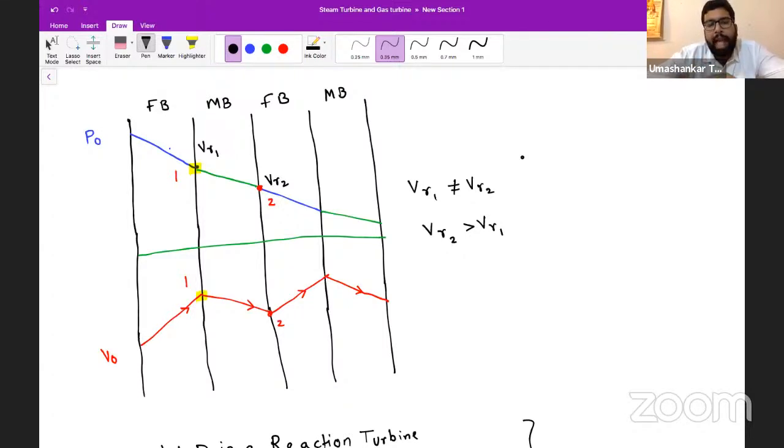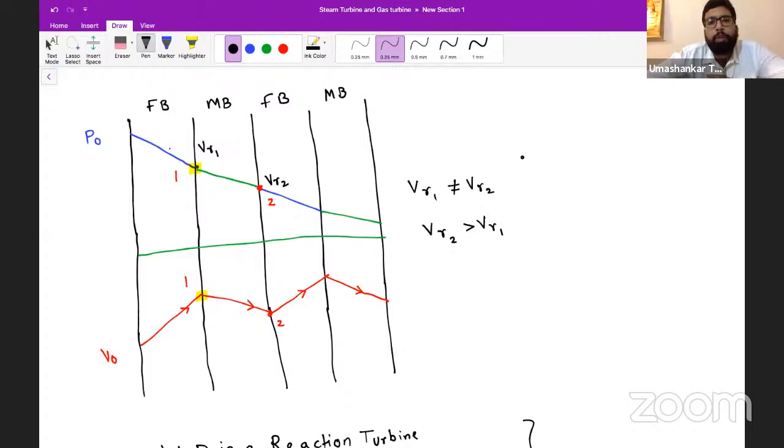Now, as this steam strikes the moving blade, its absolute velocity goes on decreasing, as you can see from this diagram, but the velocity of the blade goes on increasing due to this pressure energy change.